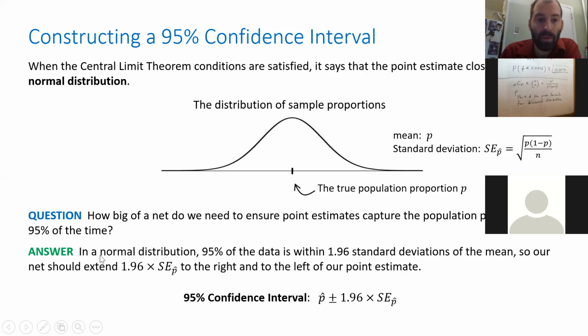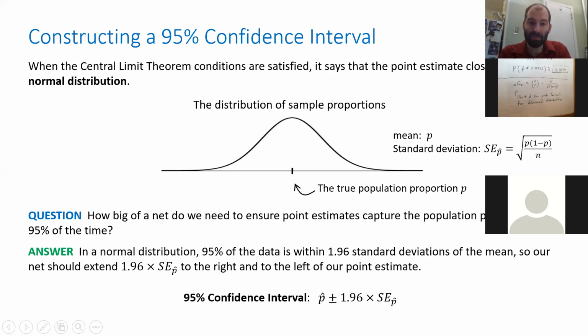Well, in a normal distribution, 95% of the data is within 1.96 standard deviations of the mean. So our net should extend 1.96 times the standard deviation to the right and to the left of our point estimate.